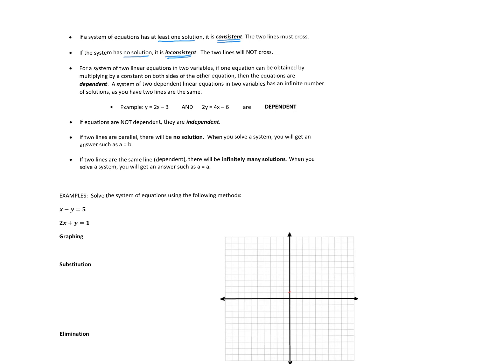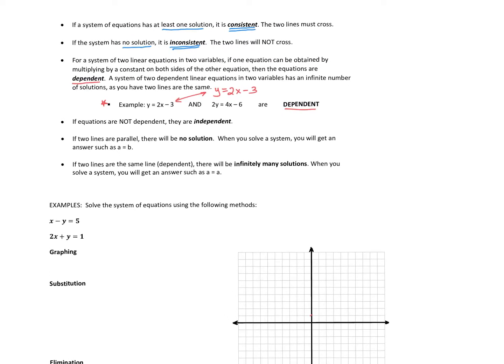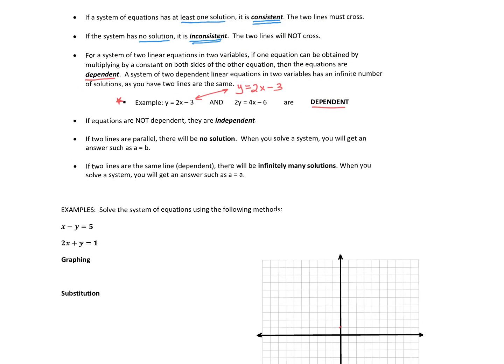We can also have dependent lines. Those are the same exact line. So for example, y equals 2x minus 3 and 2y equals 4x minus 6 are dependent because if I solve this one for y, dividing by 2, I get the same exact line that I have here. So these two lines are dependent. And if they're not dependent, if they're two separate lines, then we say that they are independent.